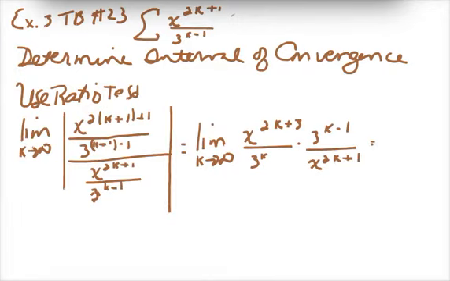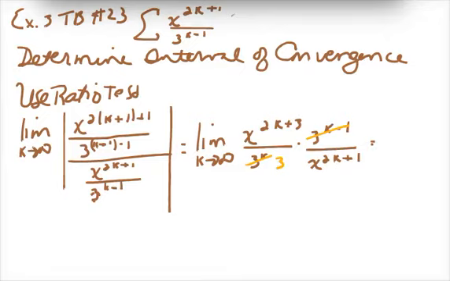Okay, so the ratio test is set up, and then I just wanted to do the algebra here to clean it up. So you've got a 3^k and a 3^(k-1), so that leaves a 3 on the bottom. And you've got an x^(2k+3), and you've got an x^(2k+1).